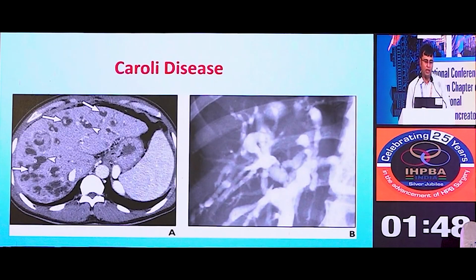Caroli's disease and Caroli's syndrome, basically these are diseases of abnormal involution of embryonic ductal plates. So these lesions are in line with the peripheral biliary ductal systems, and in Caroli's syndrome, the portal vein is lined by fibrotic tissue, so that gives a central dot sign.